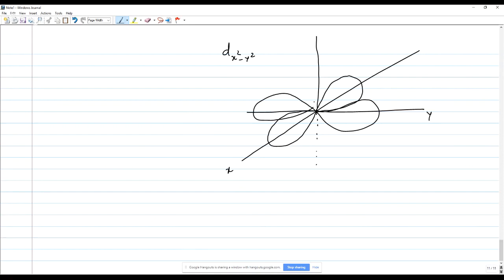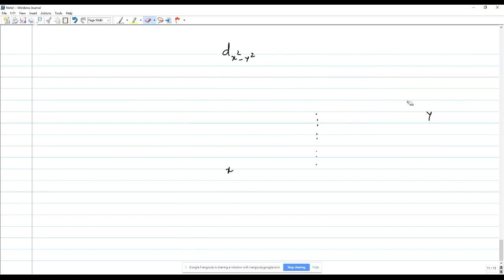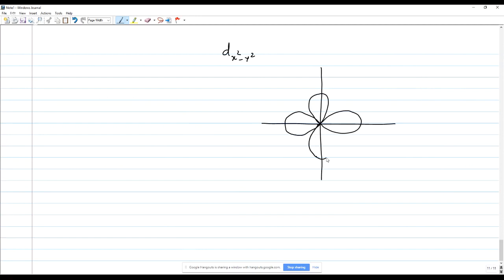Let me draw it a little bit more clearly, without the z-axis in the picture. If you draw the x and y-axis as perpendicular in this plane, then it's very simple and easy to see that this is going to be dx square minus y square, and this is going to be dx square minus y square.